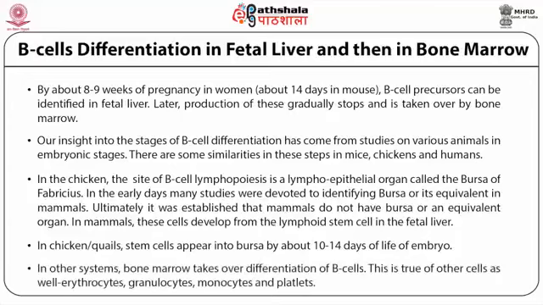In other systems, bone marrow takes over differentiation of B cells. This is true of other cells as well, for example, erythrocytes, granulocytes, monocytes, and the blood platelets. Their differentiation also takes place in bone marrow.